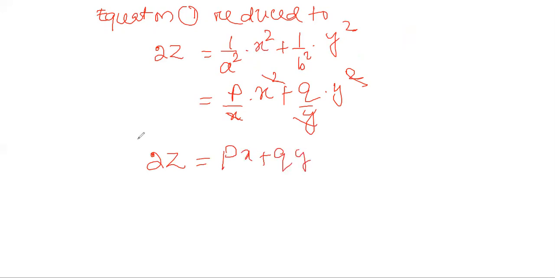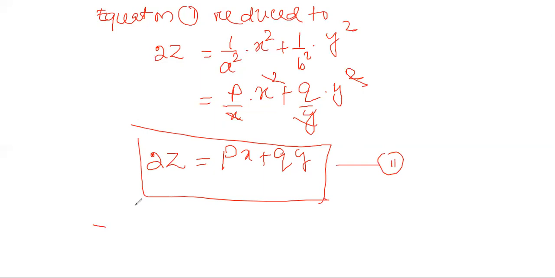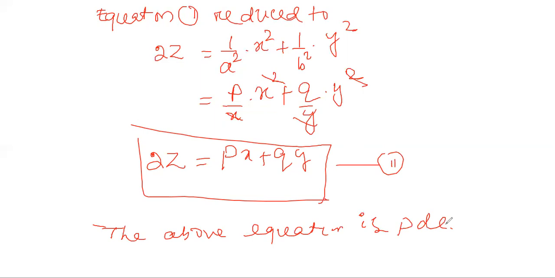See, this is one condition, and this is equation 2, called the partial differential form of the above equation. Okay, so we can represent this as the partial differential equation where the arbitrary constants are eliminated.